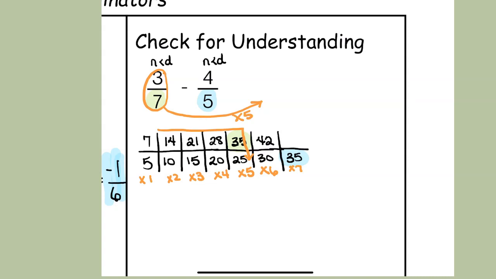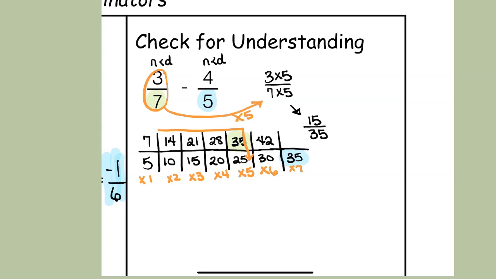Okay, that gives us 3 times 5 over 7 times 5. And we're going to bring that down here so that I can work it out the other way. That's going to give us 3 times 5 is 15. 7 times 5 is 35. Perfect.